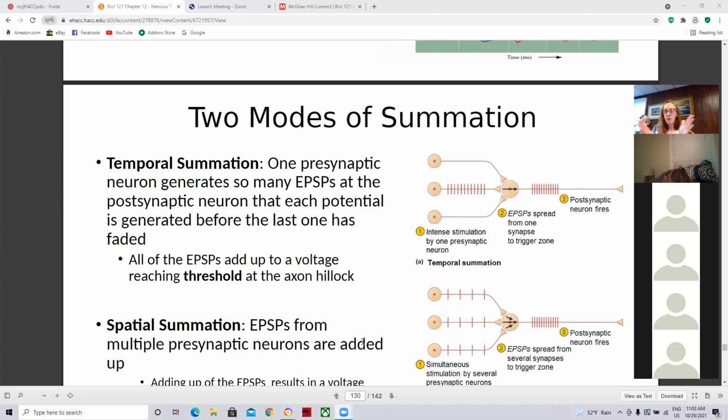So before the last one is able to fade, the next one comes in, and they keep adding to one another. All of them combined end up with a voltage reaching threshold at the axon hillock.